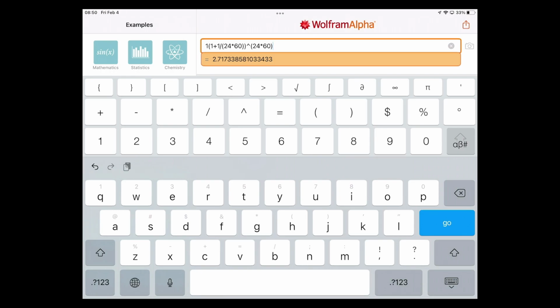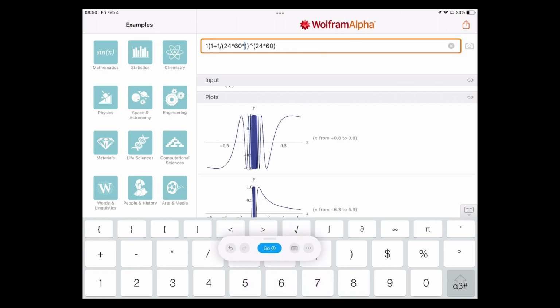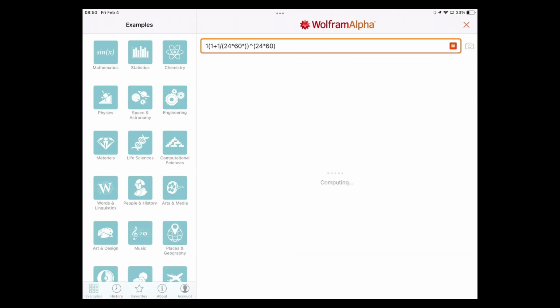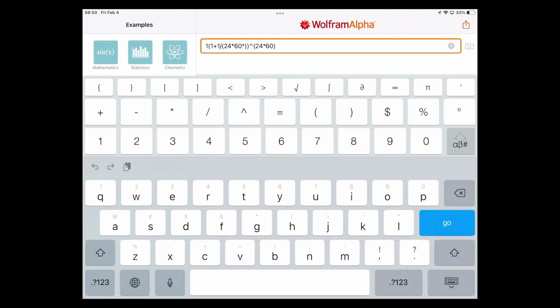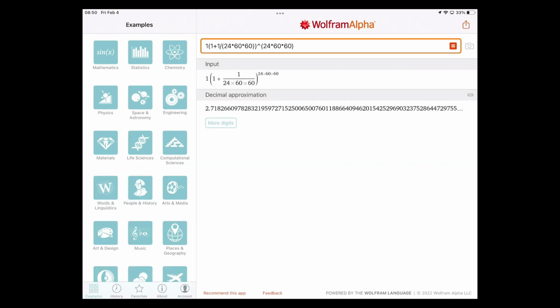Well, let's throw in here another times 60, and another times 60. 2.7182, blah, blah, blah. Does that number look familiar? That's e.